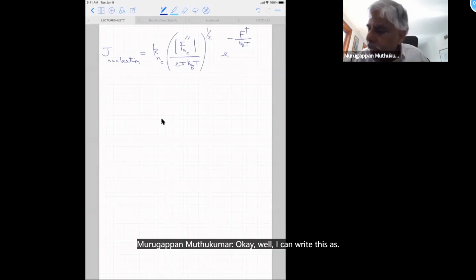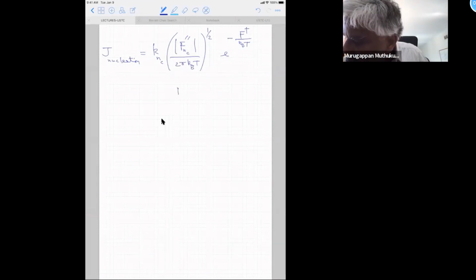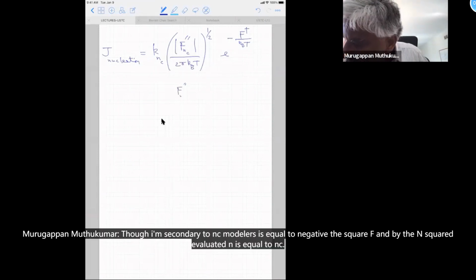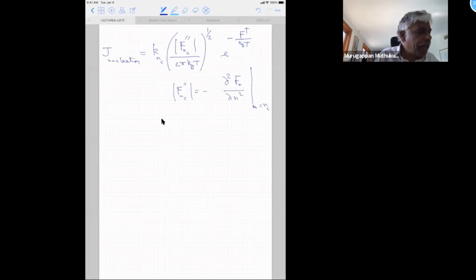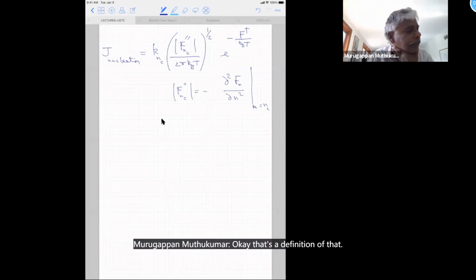Where I can write this F double prime, second derivative at N_C modulus, is equal to negative d squared F_n by dn squared evaluated at n equals N_C. Okay, that's the definition of that.